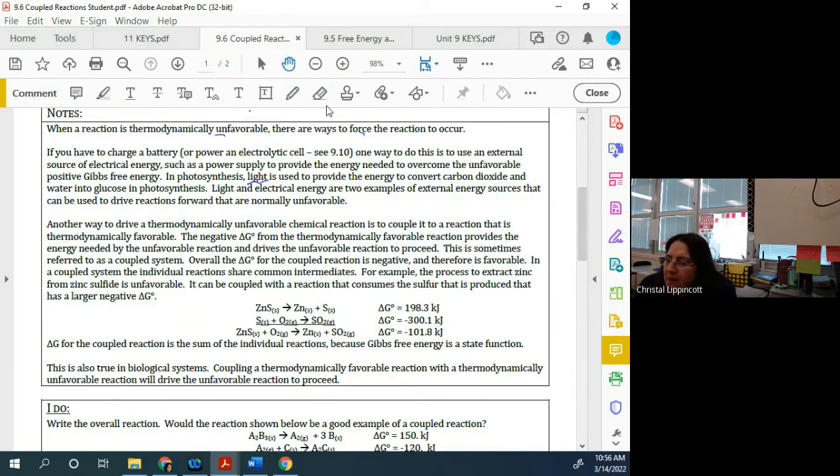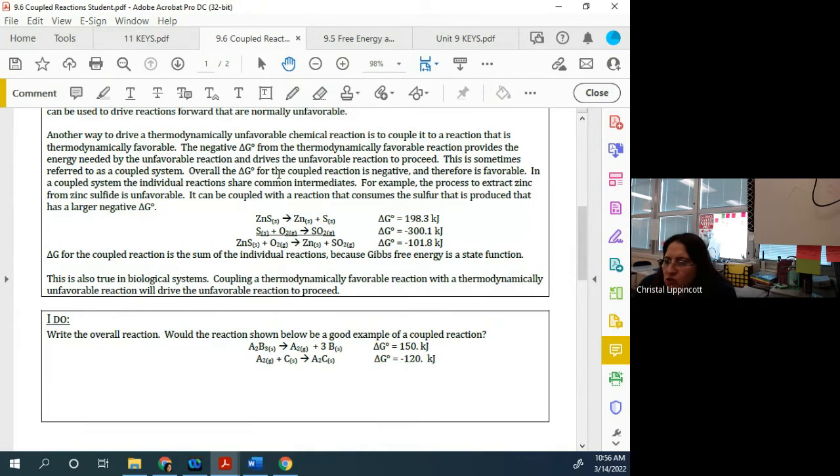There is another way that you can make this happen, and that is to drive a thermodynamically unfavorable reaction with one that is favorable. And they call that coupling, because you're taking two reactions and bringing them together.